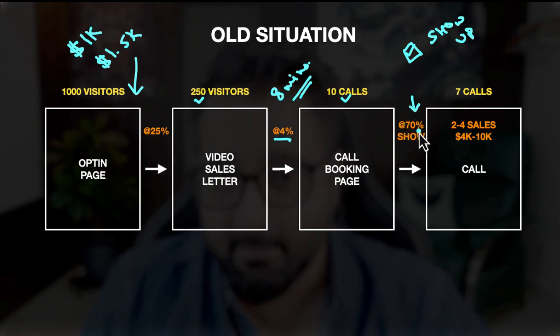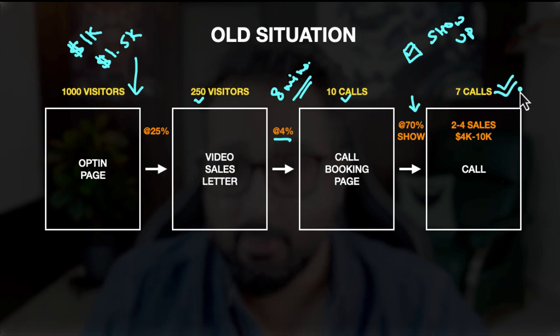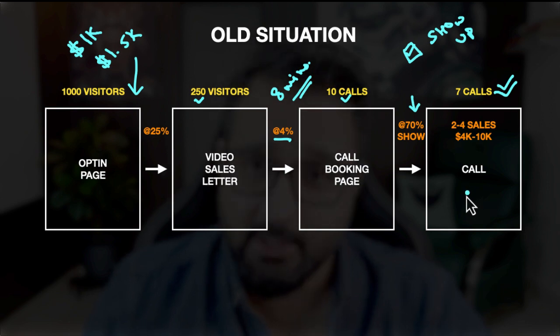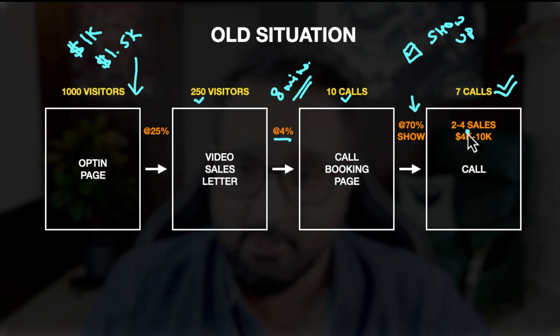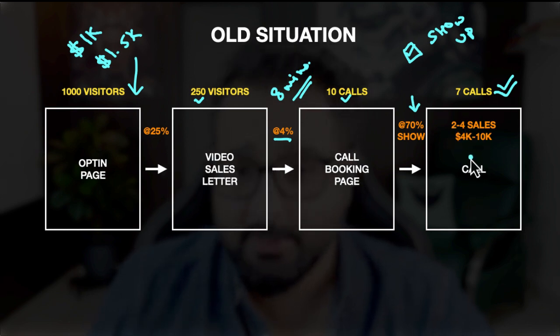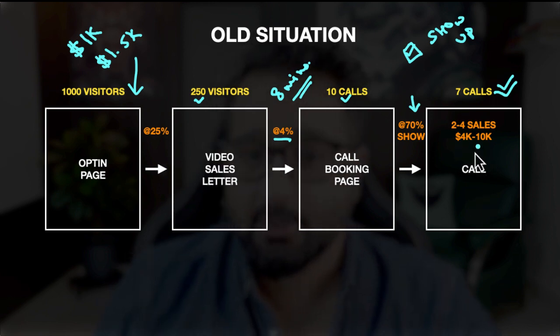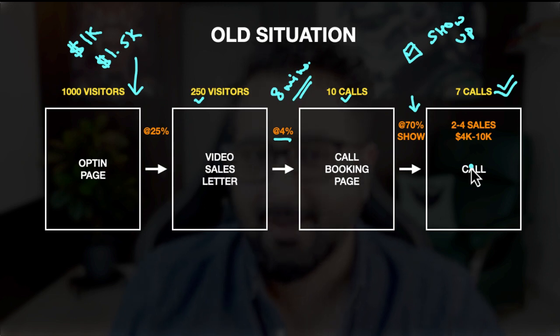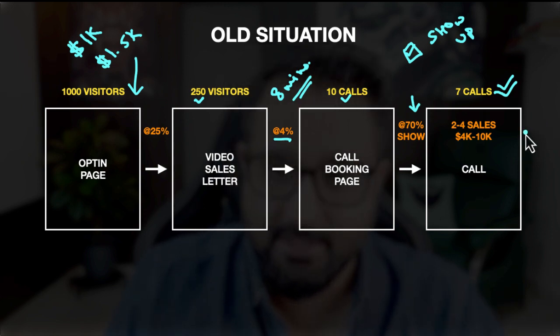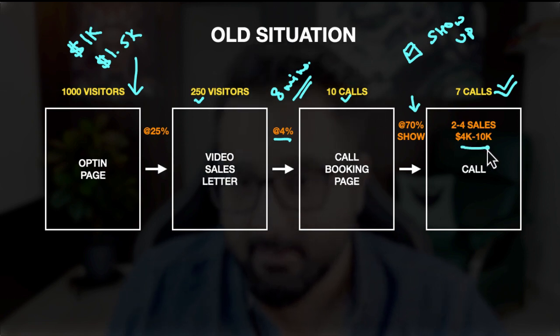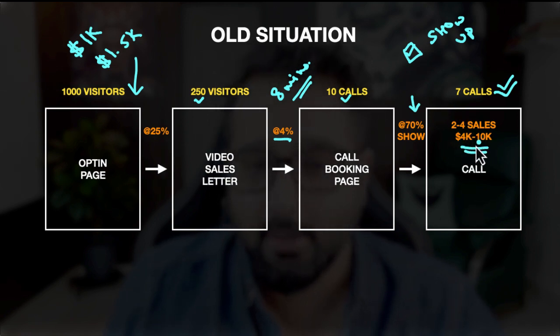So out of the 70% and the 10 calls, 7 calls are done, either I take the calls or the team does it, and that results in 2 to 4 sales at different price points, upwards of 2,000. I only do high ticket, so 2,000 isn't even a high ticket anymore, but that's what I start at. That's the basic pricing. So we make $4,000 to $10,000 depending on the price point.